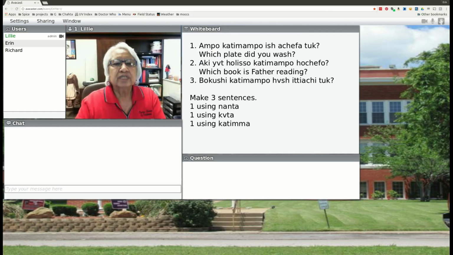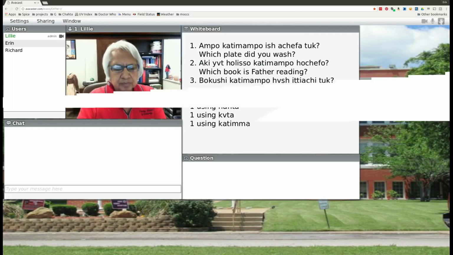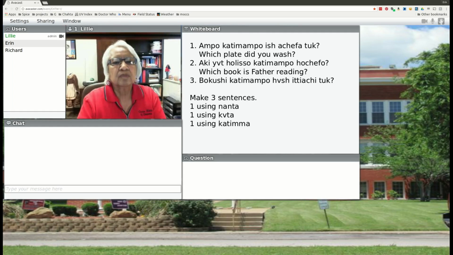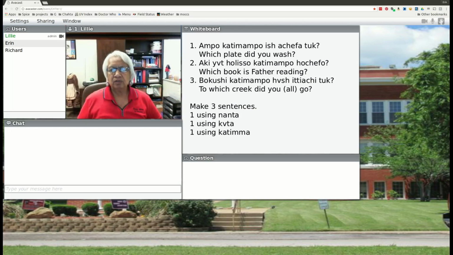Then we have bokushi katimapo. And here we have the word hush. Hush is the second person plural, meaning you all. Which creek did you all go to? Or to which creek did you all go?